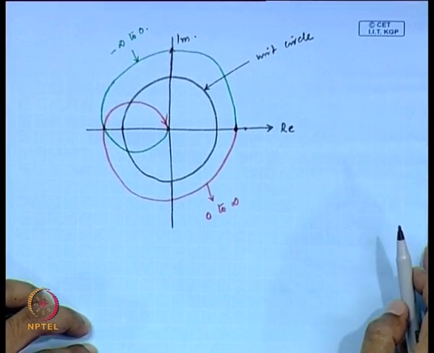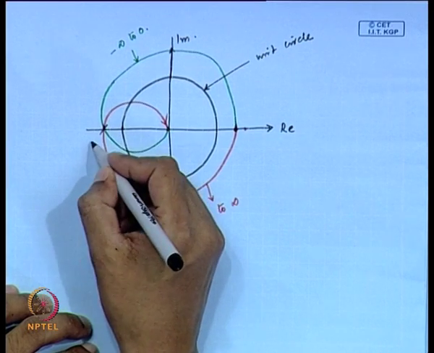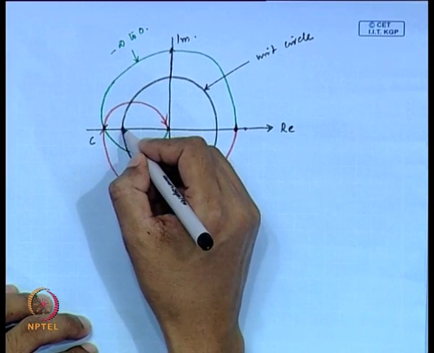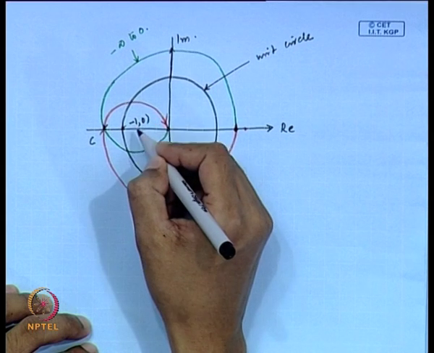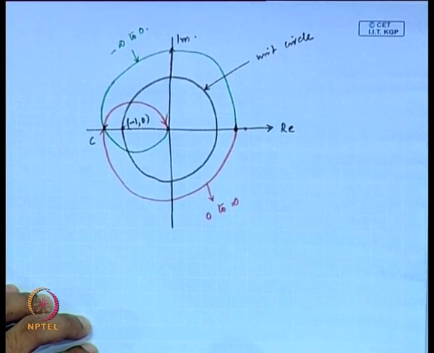Which one is the cross point? This one, and this is the minus 1, 0 point. Fine.